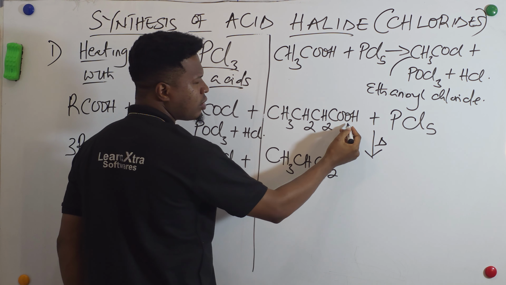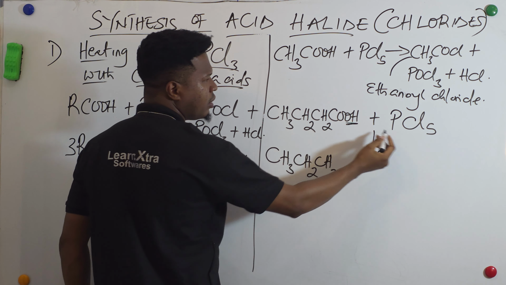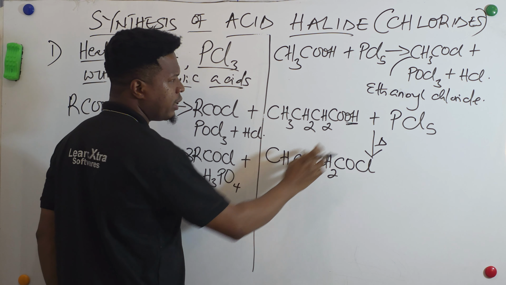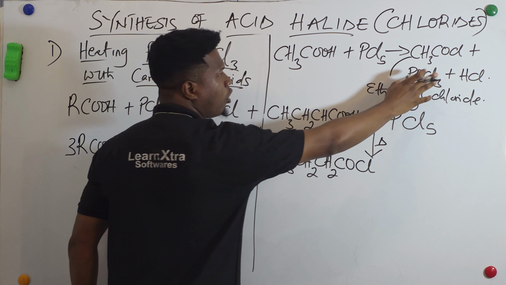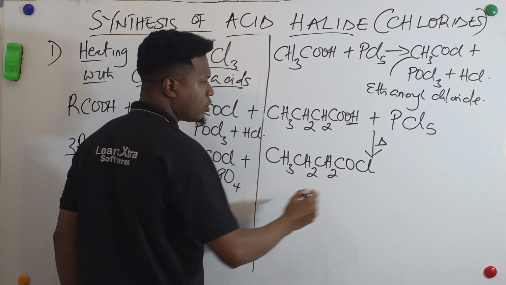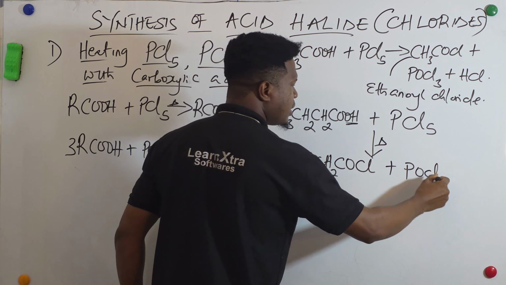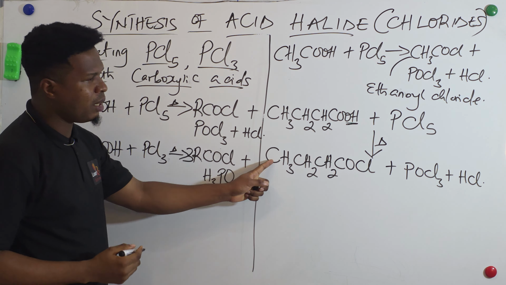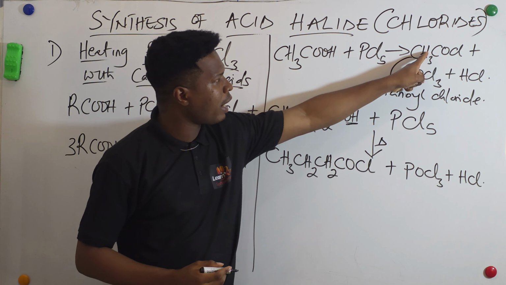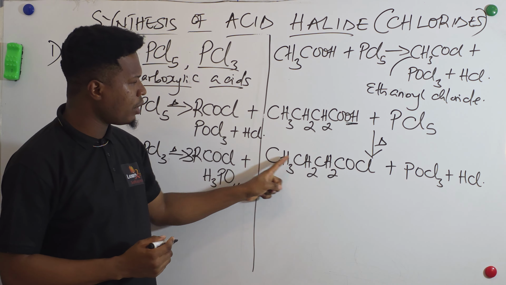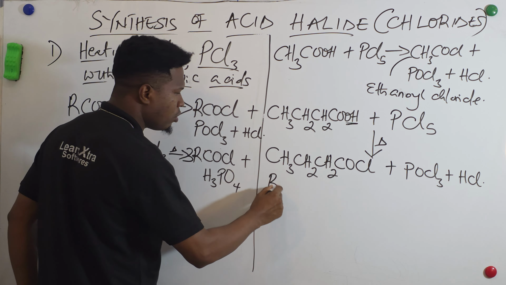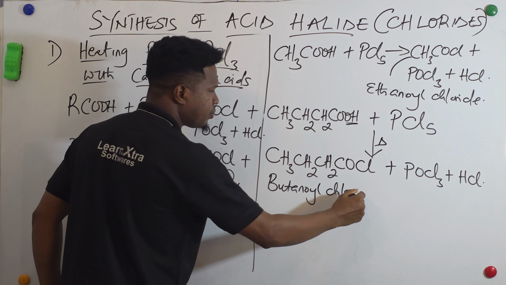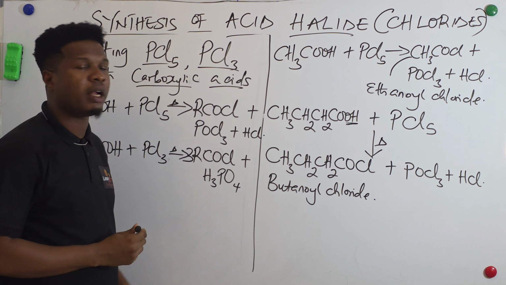What happens here is that the OH leaves and chlorine replaces it. The OH and whatever is left forms the other compounds, so plus POCl3 plus HCl. What should be the name of this? If this one is ethanoyl chloride, what should this one be? It has 4 carbons: 1, 2, 3, 4. So this one should be butanoyl chloride.